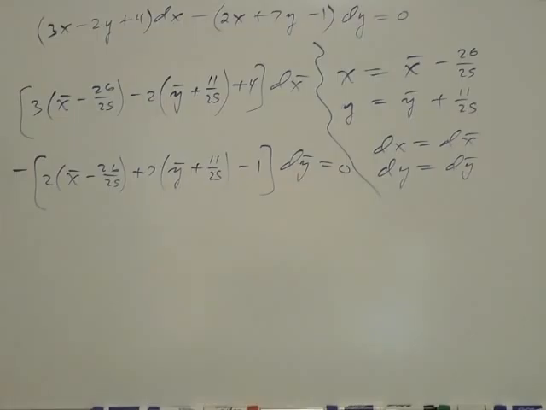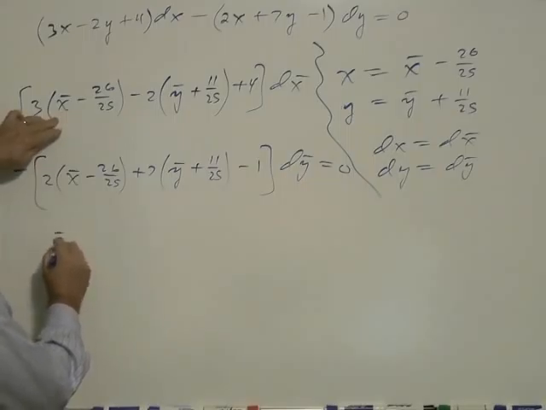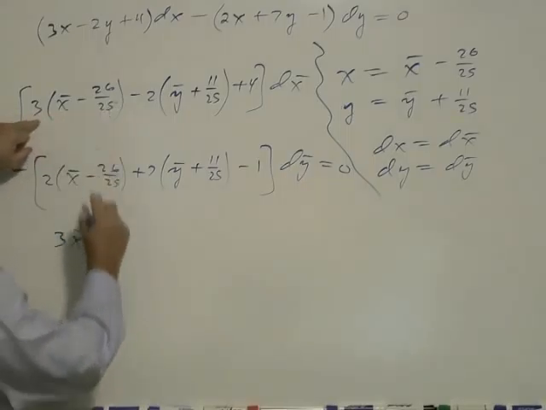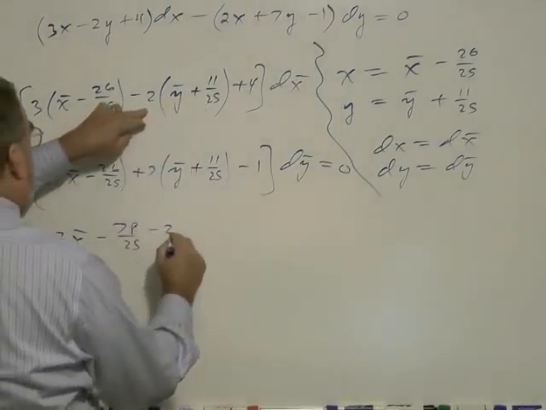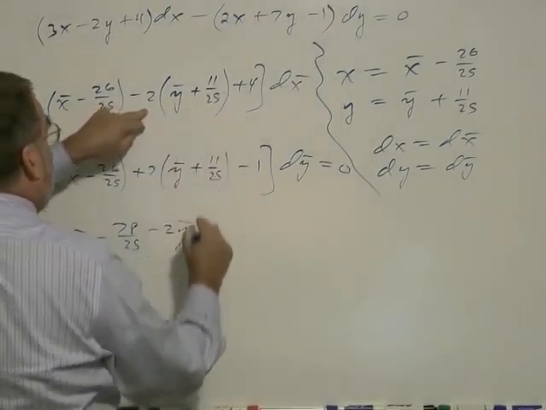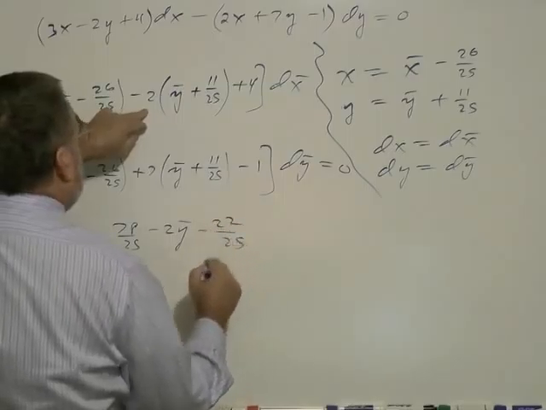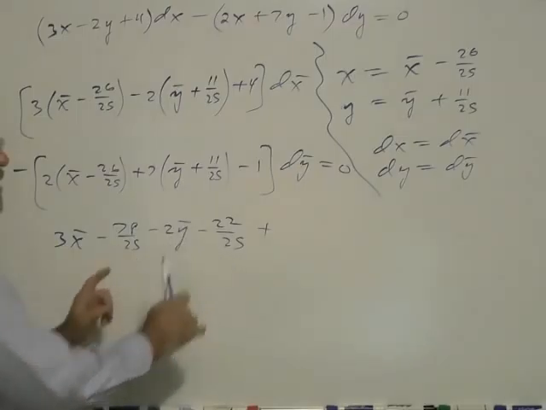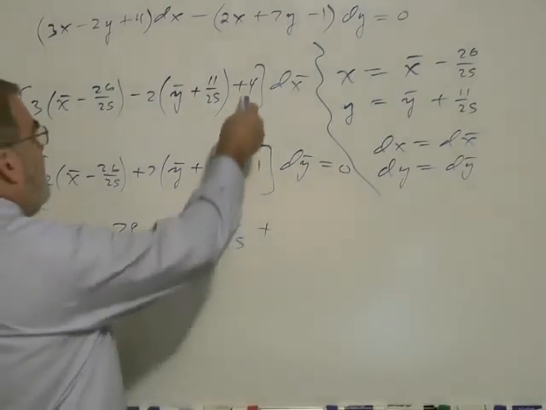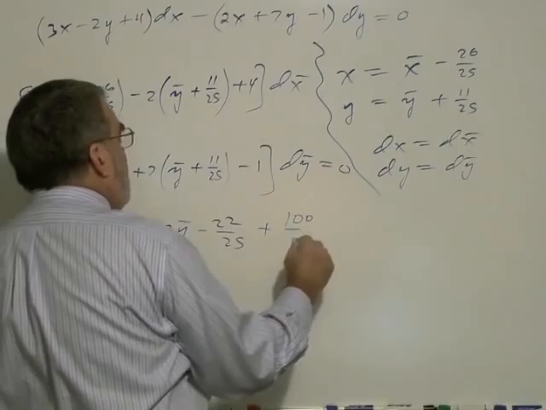Alright, well, here we go. So here I've got 3x bar minus 78/25 minus 2y bar minus 22/25 plus 4. And because I know I have fractions with a denominator of 25, let's go ahead and change 4 to 125.